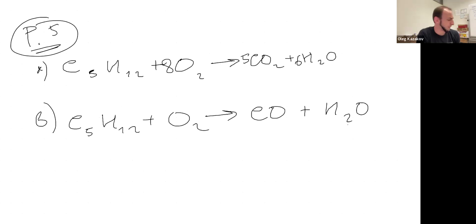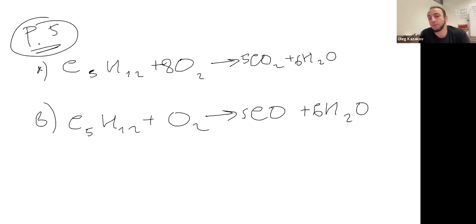So let's take a look at what happened here. In this situation, we have 5 carbons. In terms of hydrogens, we have 12 hydrogens on the left. So what do we need to do? We need to bump up the number of hydrogens on the right, so let's make it 6 waters.